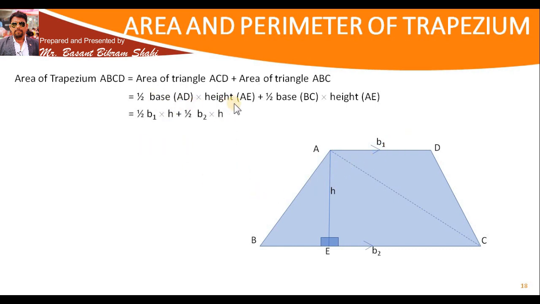Now if we write the denoted letters here, it becomes half base AD is B1, B1 into height H, and here half BC is B2, half B2 into height is H. Here half and half both are common, height H and height H are also common, and left B1 and B2, so we write them inside the bracket B1 plus B2.